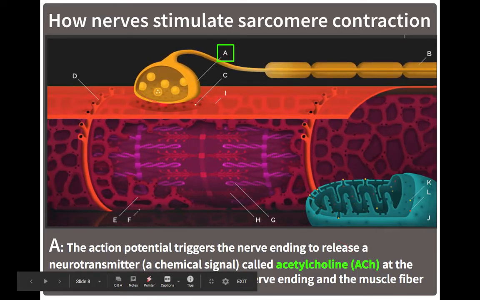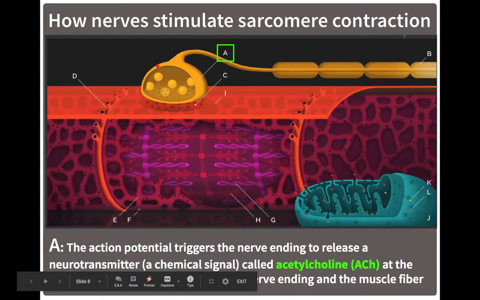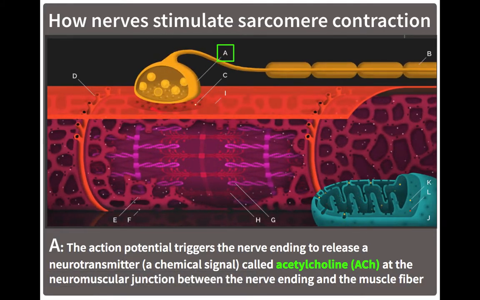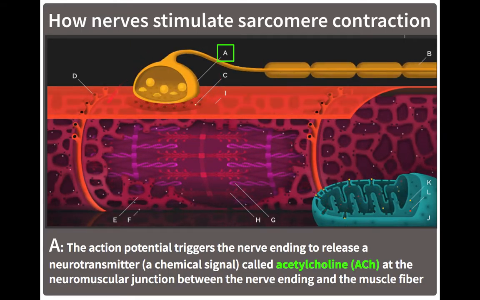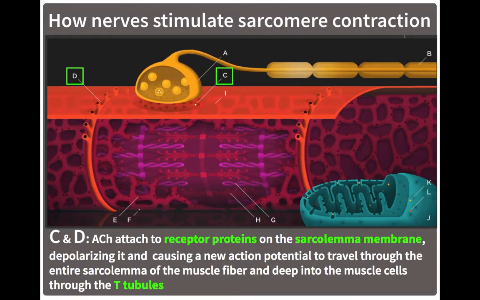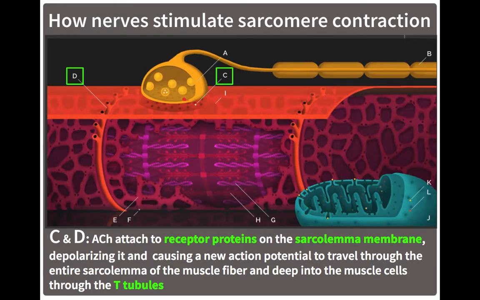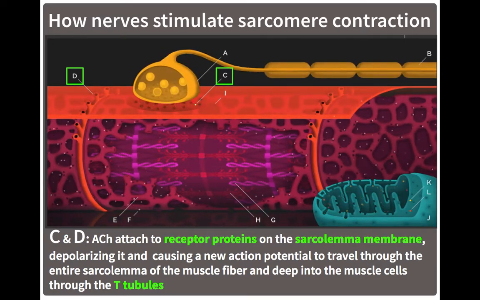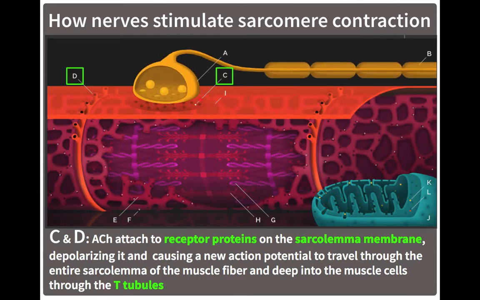So acetylcholine is a special chemical messenger that is released right here between the nerve ending and the muscle fiber. And that's going to allow the acetylcholine molecules to cross that gap and bind to receptor proteins on the muscle fiber, so on the sarcolemma membrane of the muscle fiber.